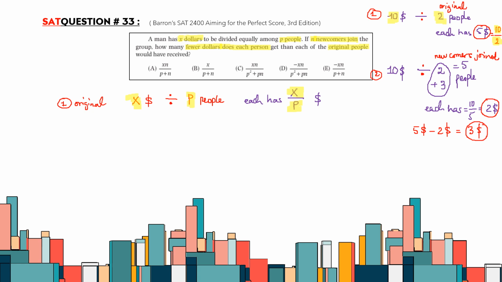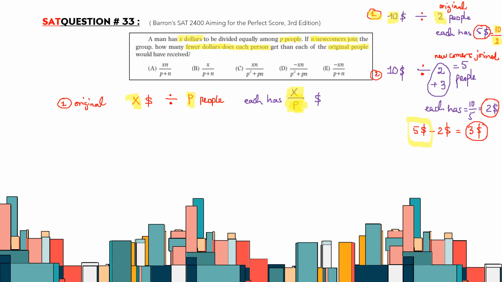When we were working with numbers, we already simplified it, so 10 divided by 2 is 5. But because it's letters, we just keep it as a fraction. That is the $5 right here. We already found that, so we're done with step 1.